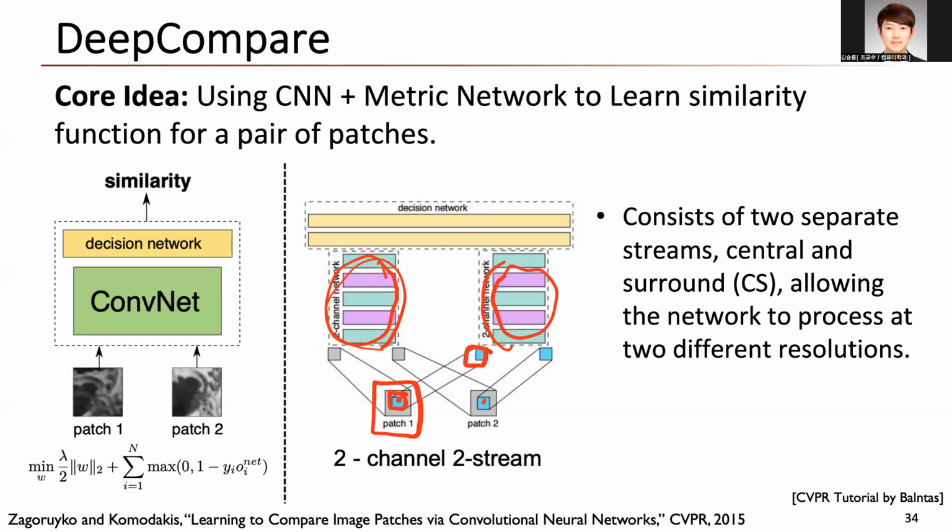Then they decide the similarity with the distance. So this kind of technique allows the network to process at two different resolutions. So this is the DeepCompare paper in CVPR 2015.